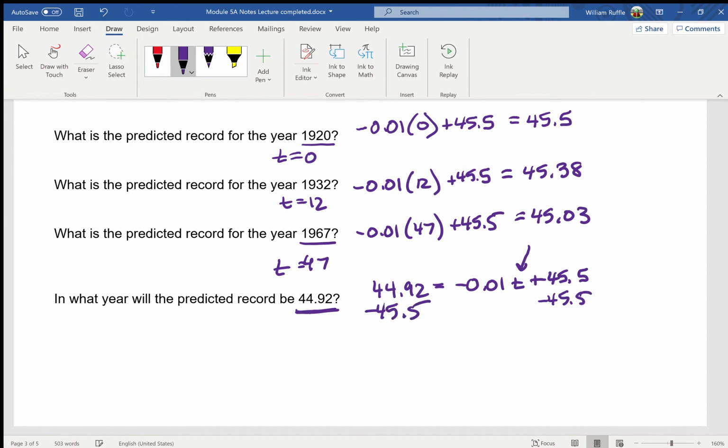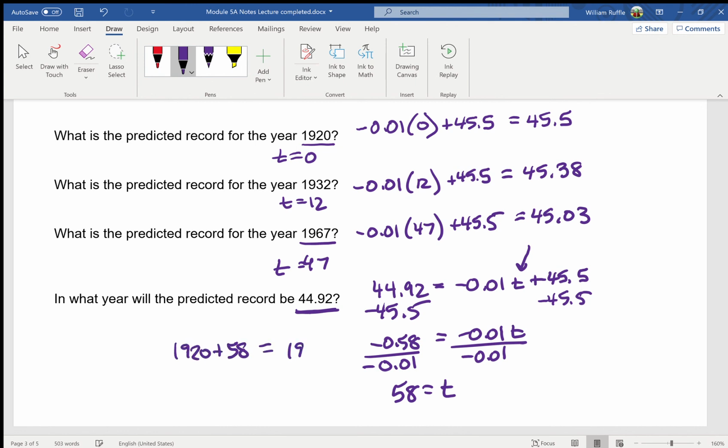And I do that, and I get negative 0.58 equals negative 0.01 t. Divide each side by negative 0.01, and I get 58 equals t. Now, a lot of people will type in 58 as the answer, but remember, that's 1920 plus the 58 years, so it's really 1978.